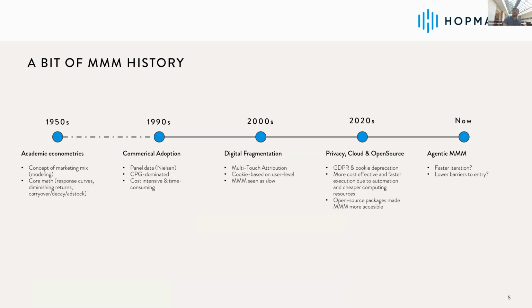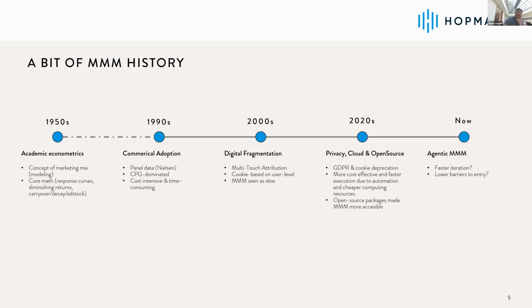To give you a bit of background and history, marketing mix modeling is not really new, to be honest. The first ideas came up in academia in the 1950s, but they were more theoretical concepts. The main math ideas about response curves, diminishing returns, and carryovers, which I will mention in the next slides, started some time ago.